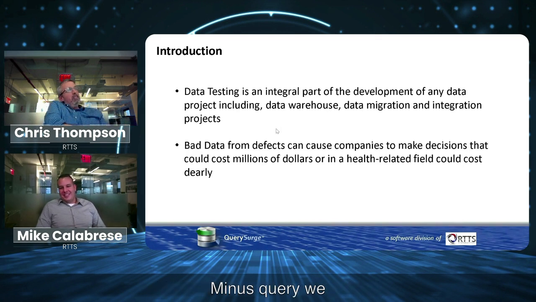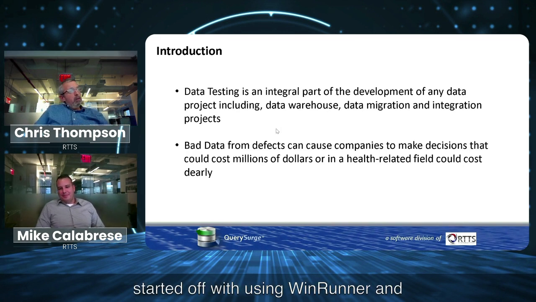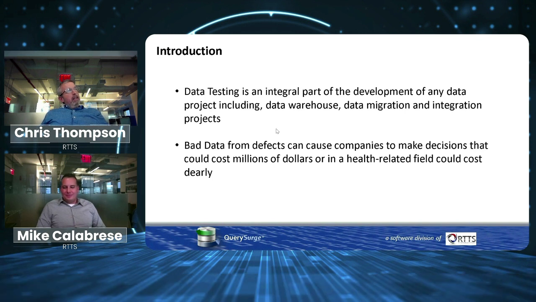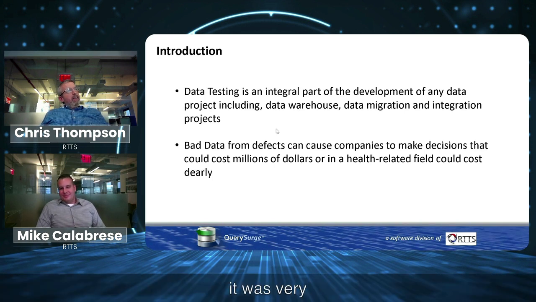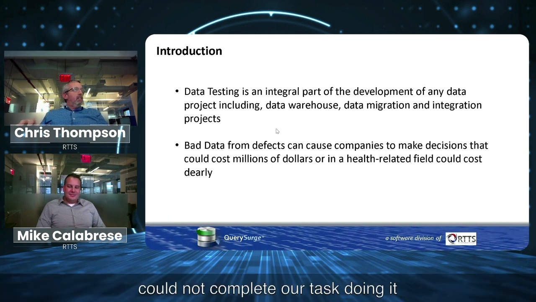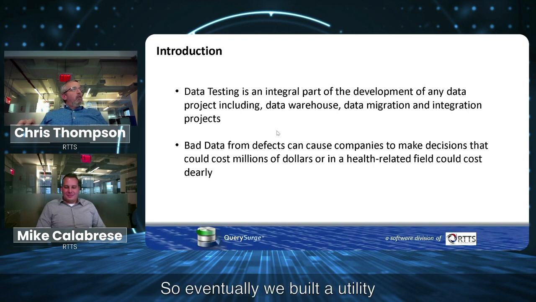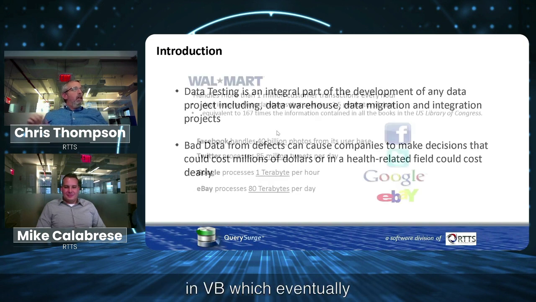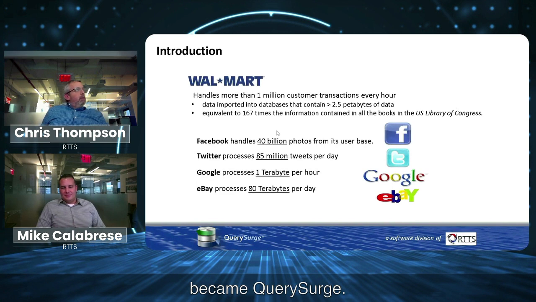Minus queries, we started off with using Windrunner and using minus queries, and it was very inefficient, took a long time to execute, and could not complete our task doing it that way. So eventually we built a utility in VB, which eventually became QuerySurge, but we'll get into that a bit later.